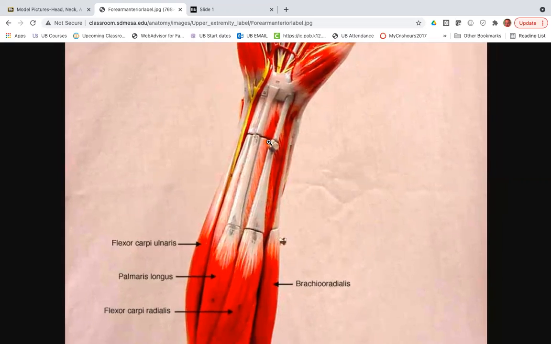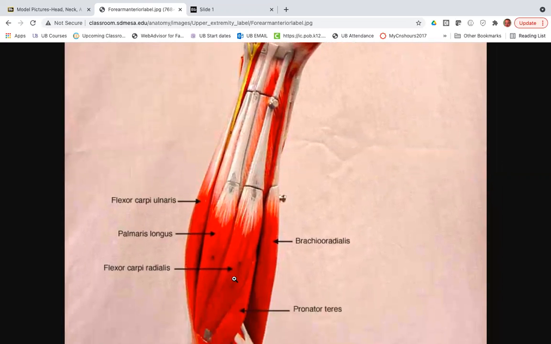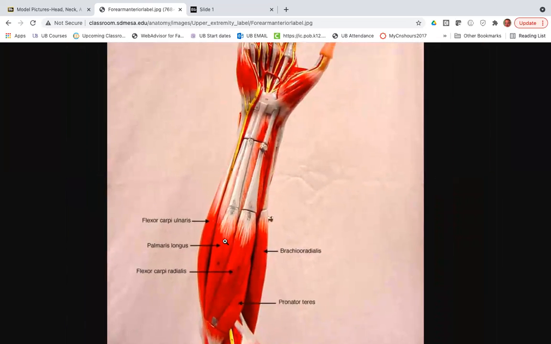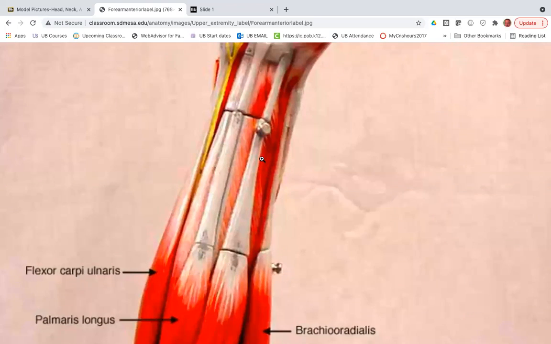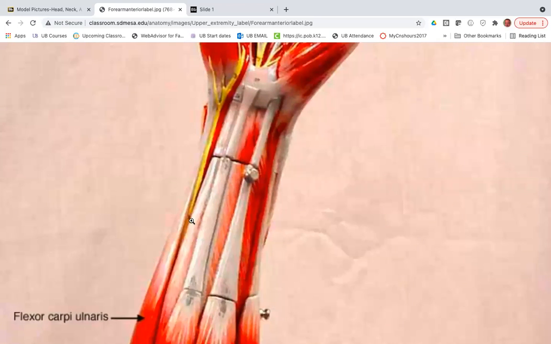Now, it leads to a question: what's deep? What muscle is this that's deep? Because I refer to these as superficial muscles. So what's this deep one? This happens to be the largest muscle of the anterior forearm. We can see it here, here, and here.